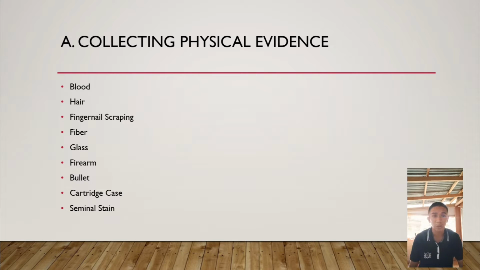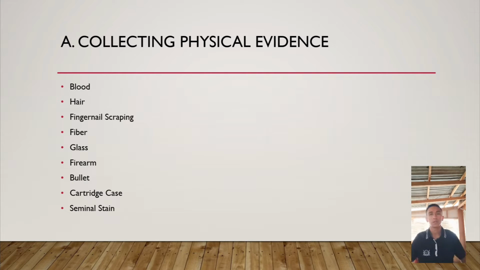So, important yung blood to be able to categorize them into major groups like A, B, AB, and O, depending on the condition of the stain.